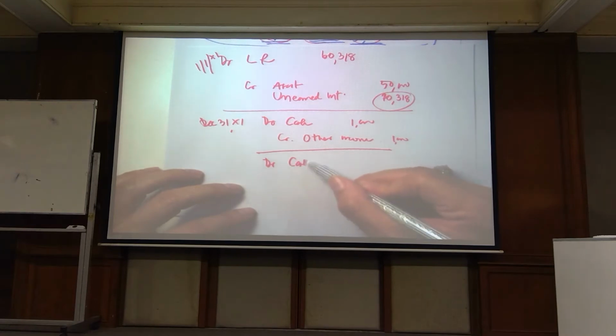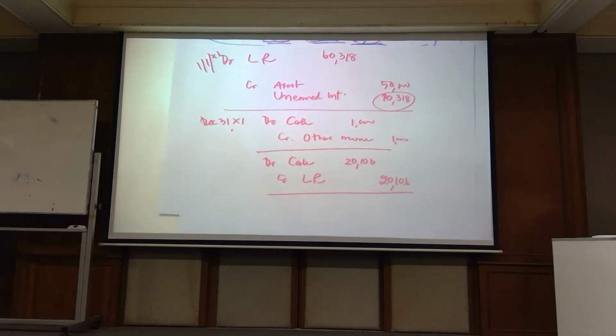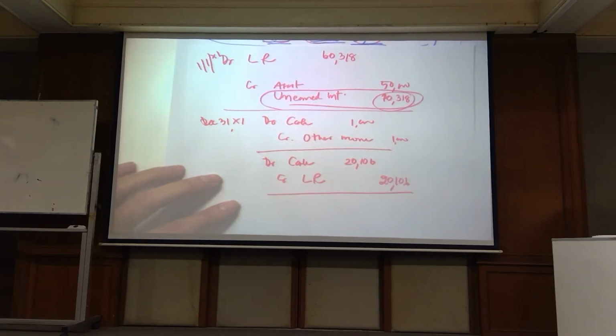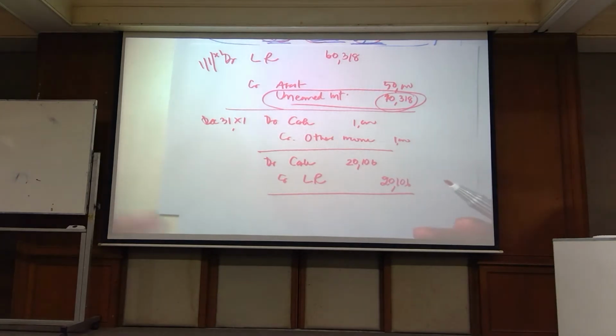You debit cash for 2106 and credit loan receivable for 2106. Isn't it? Just like you get money from account receivable. But one more thing that you need to do is, what happened to my unearned? The unearned here, it's time to recognize as interest revenue.